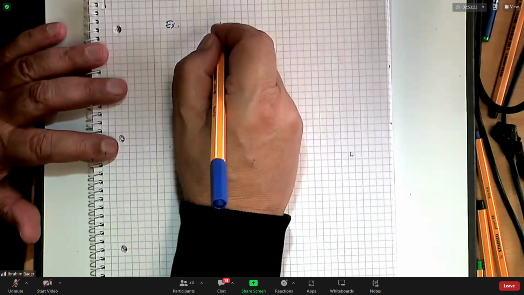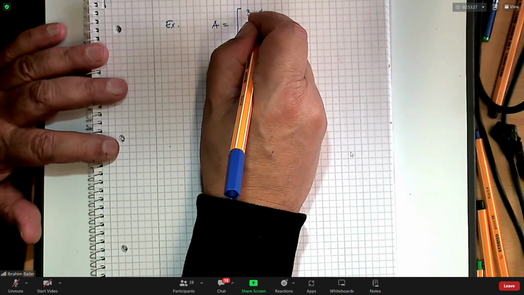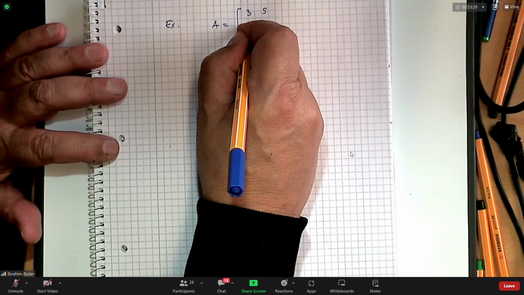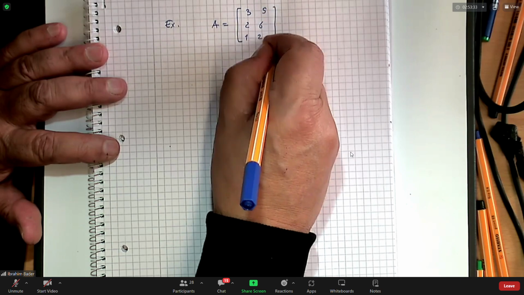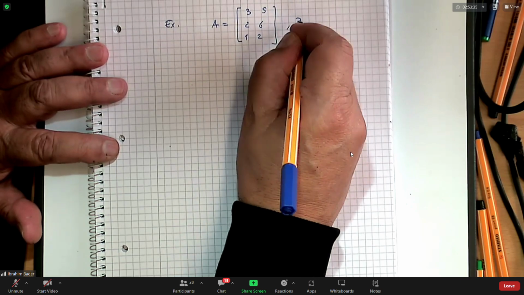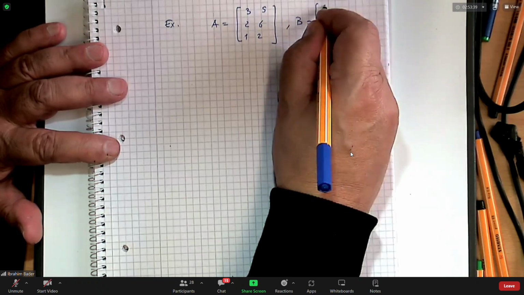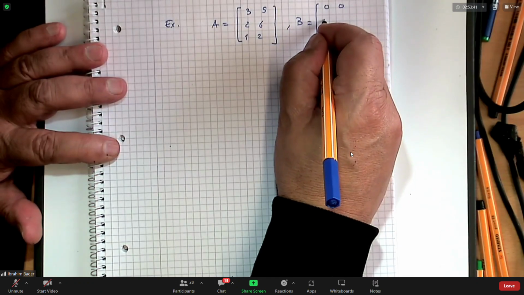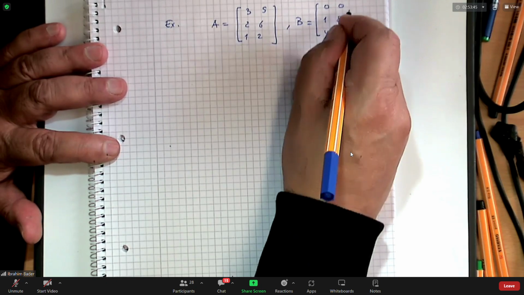So let's take A is the matrix that has 3, 5, 2, 6, 1, 2, and B is 0, 0, 1, 8, 4, 1.